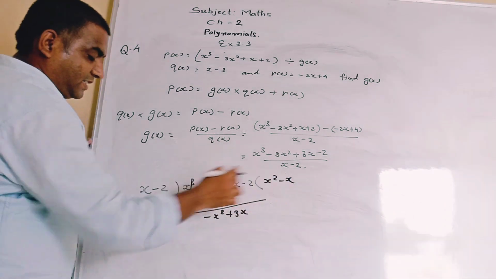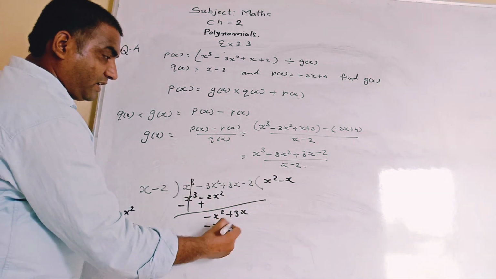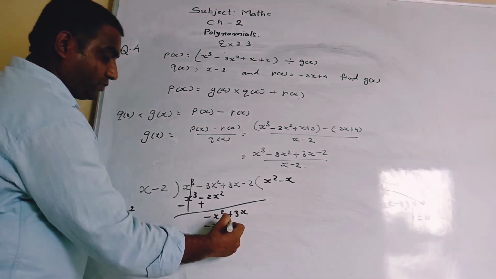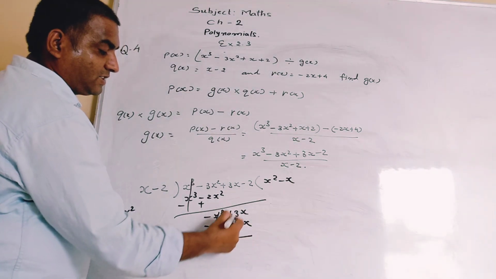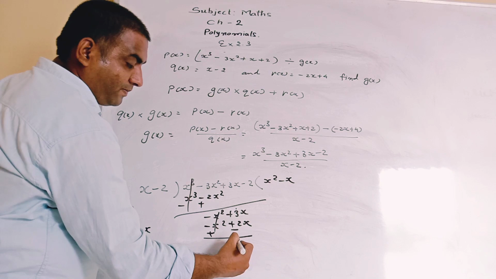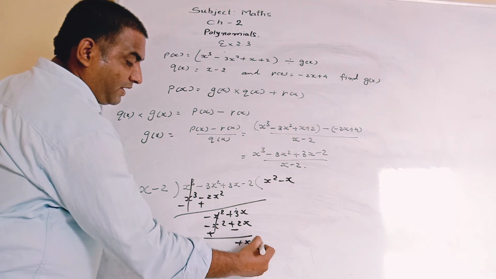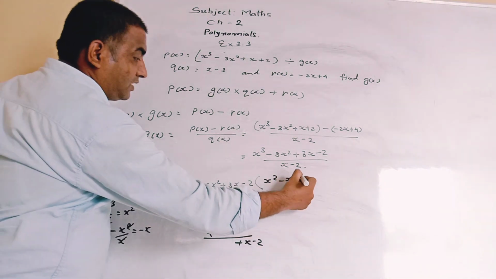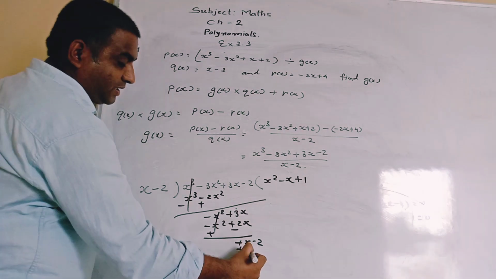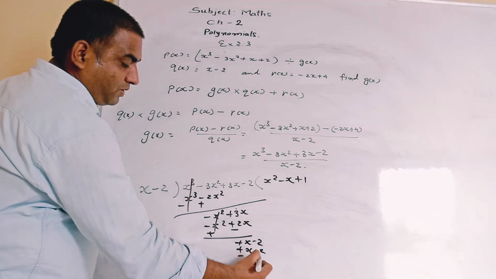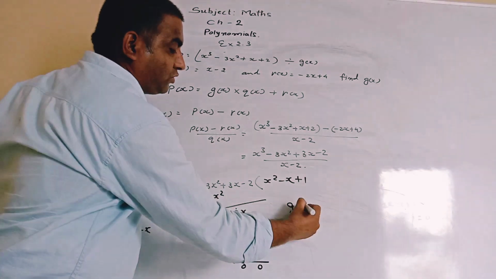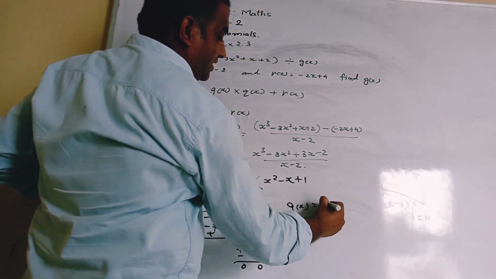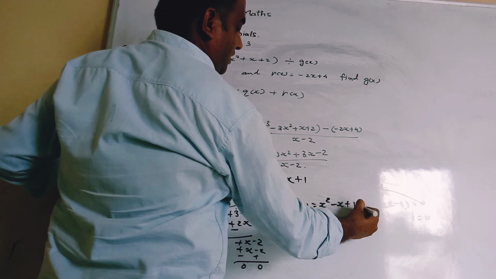So minus x into x is minus x square, minus x into minus 2 is plus 2x. So plus minus cancel, plus 3 minus 2 gives plus x minus 2. So here plus x minus 2, minus plus, 0 0. And so gx is equal to the quotient polynomial, here x square minus x plus 1.